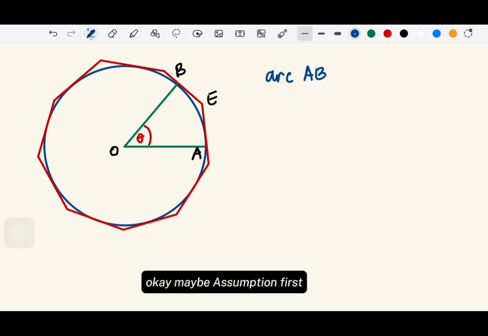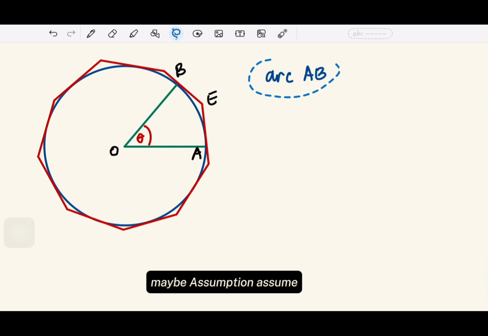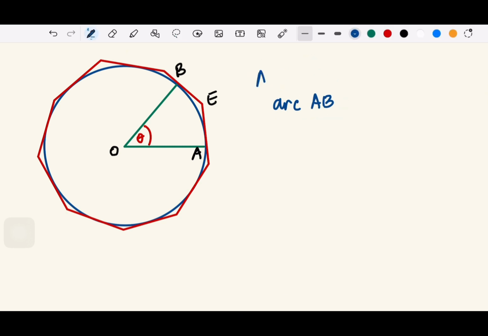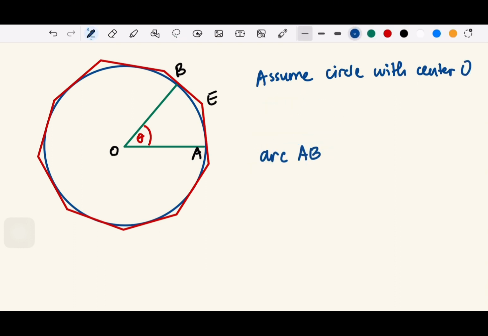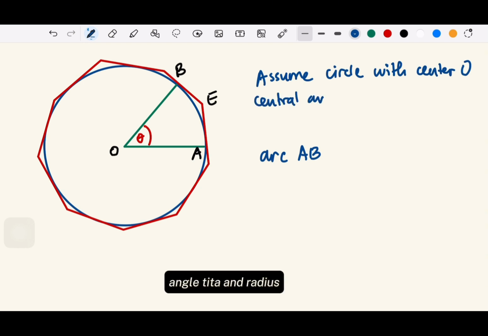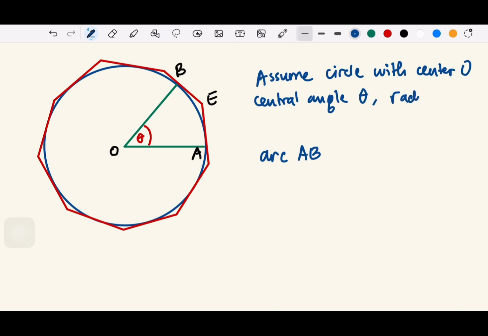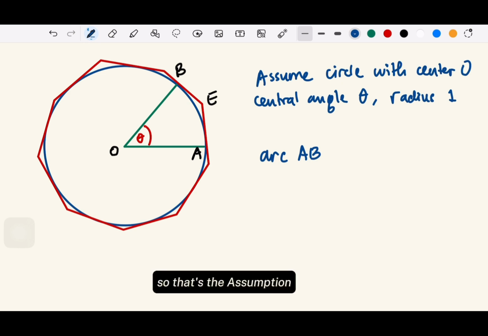Maybe assumption first. Assume this is a circle with center O and central angle theta and radius is 1. Okay, so that's the assumption.